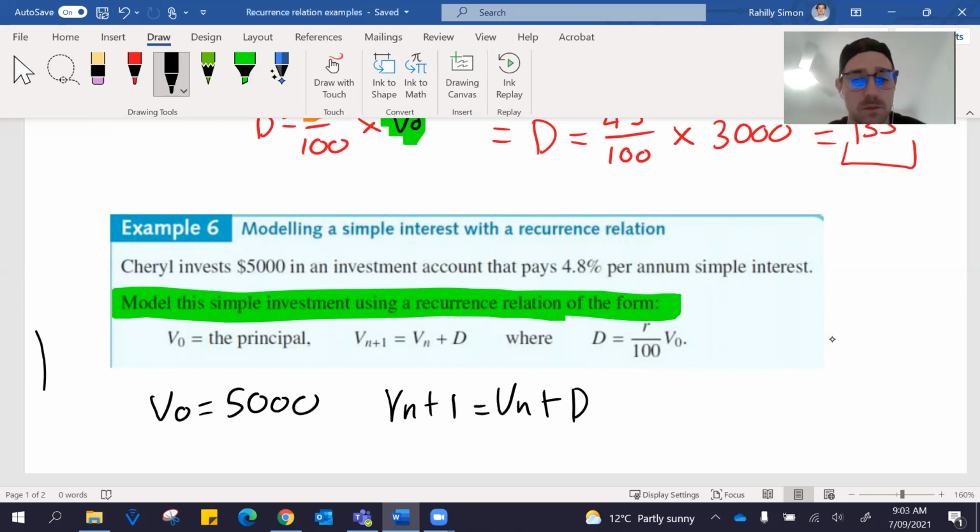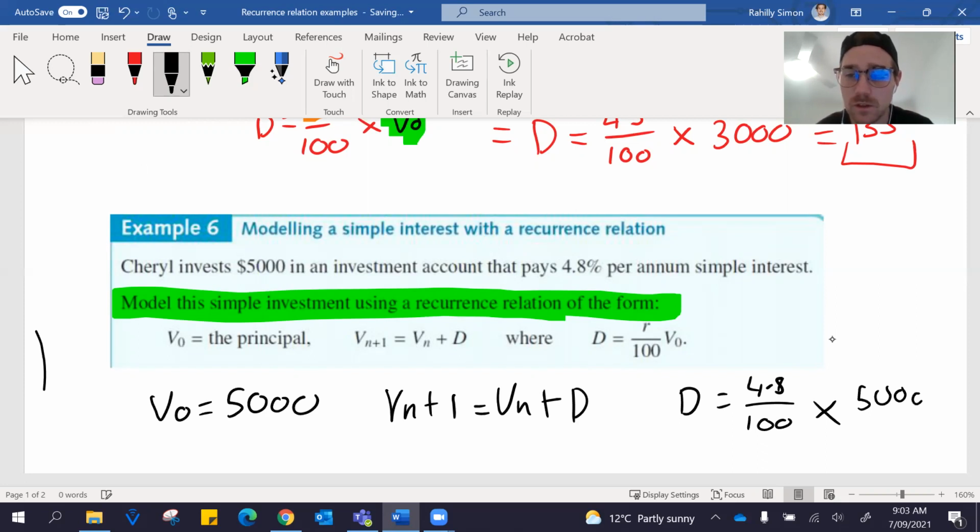So again, it's the same thing. D equals 4.8 over 100 times 5,000. Again, 4.8 divided by 100 times 5,000 equals 240. So D equals 240.